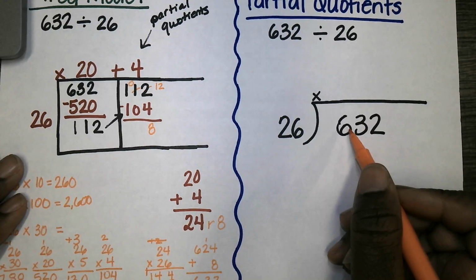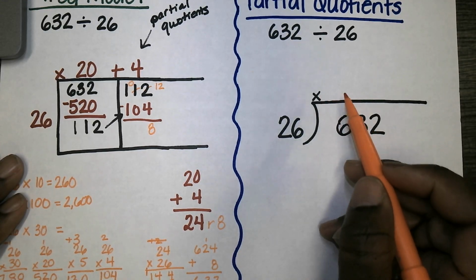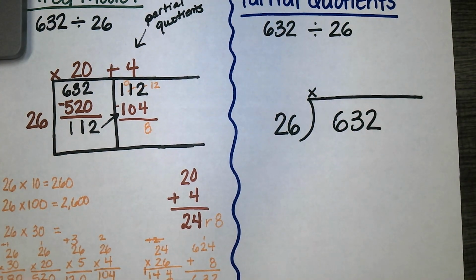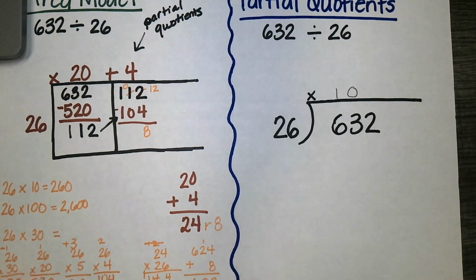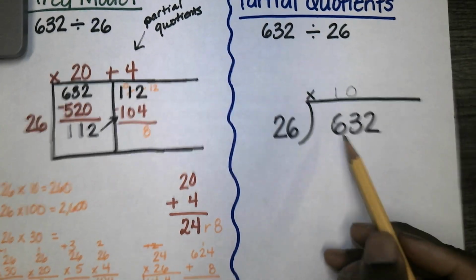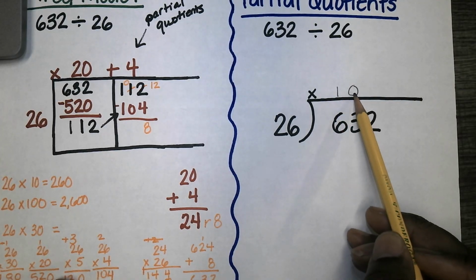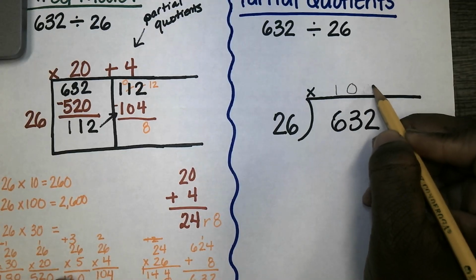Placement of the quotient is important. I tell the kids you cannot just place it anywhere. If we were to put the number 10 in this spot here, then that shifts the value of this number, and because there's nothing here, essentially this is 100.